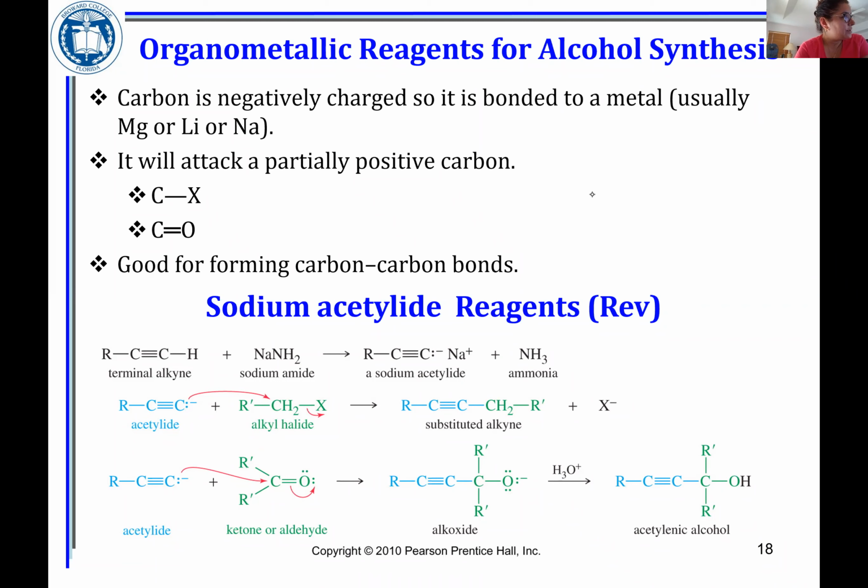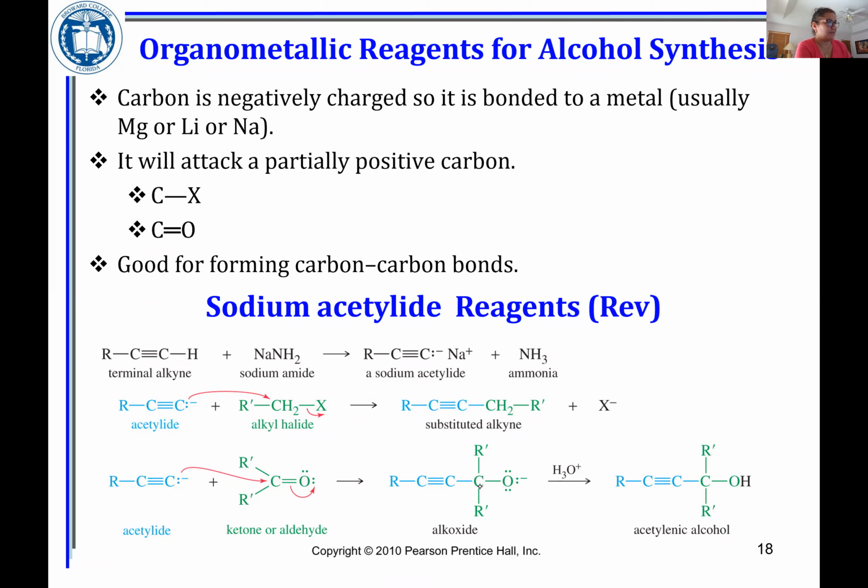If you don't have questions, I can go over one of the organometallic reagents and how to prepare alcohol using organometallic reagents. When you say organometallic, that means that there's a metal attached to the carbon.